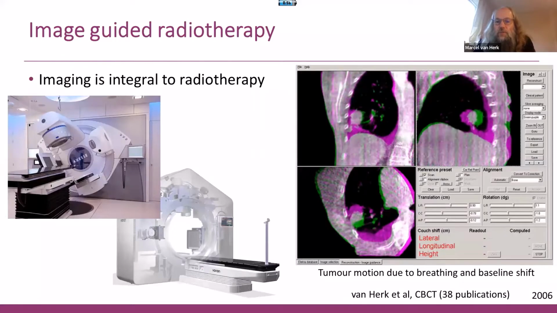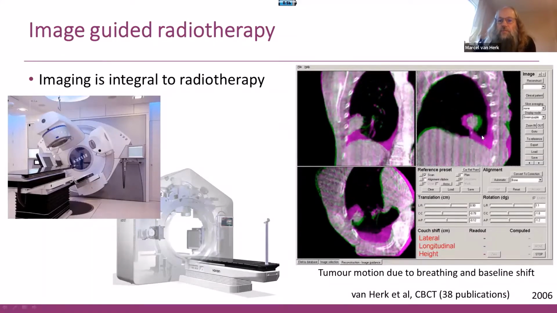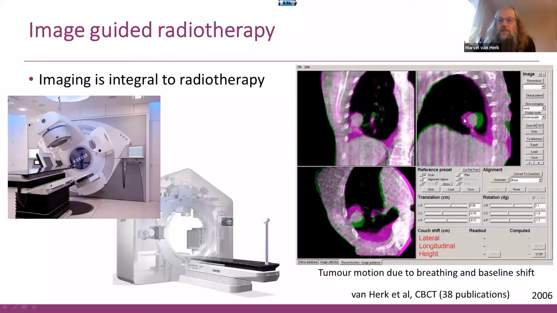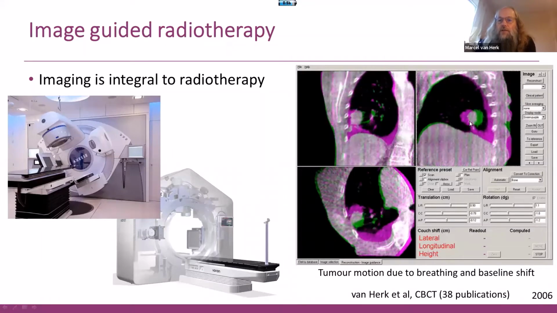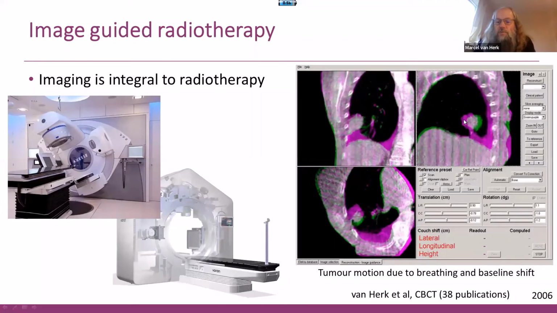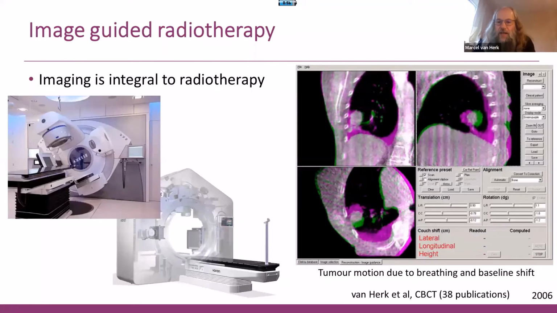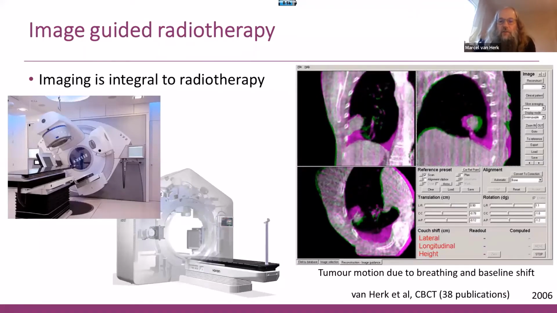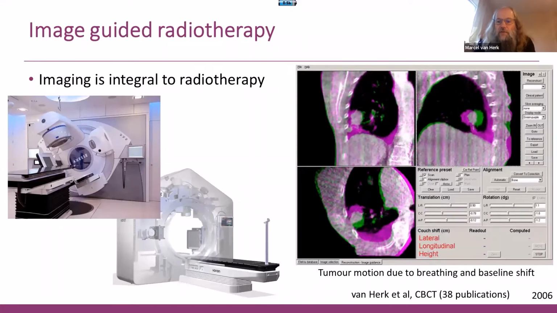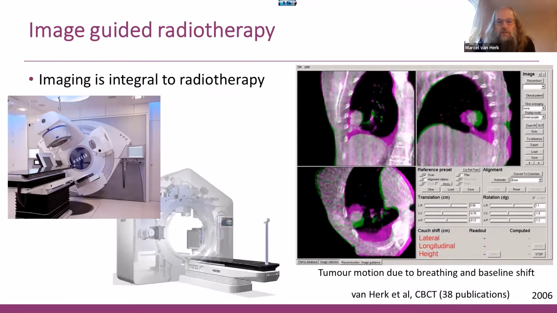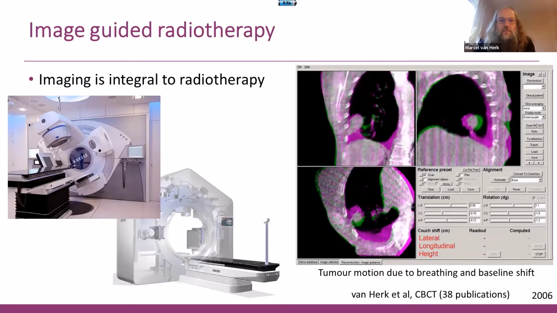And you can see that the tumor is moving up and down due to breathing here in, for instance, this sagittal view. But there is also a shift of the tumor due to a baseline shift, which is not related to breathing. And this software was developed by myself and my group, commercialized, and has been used to treat millions of patients.